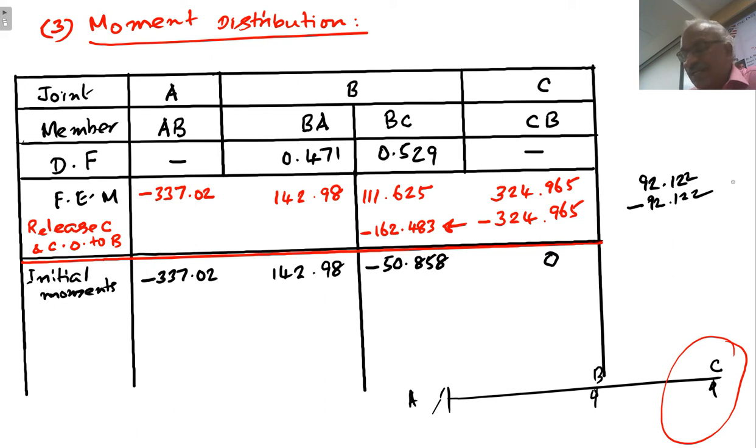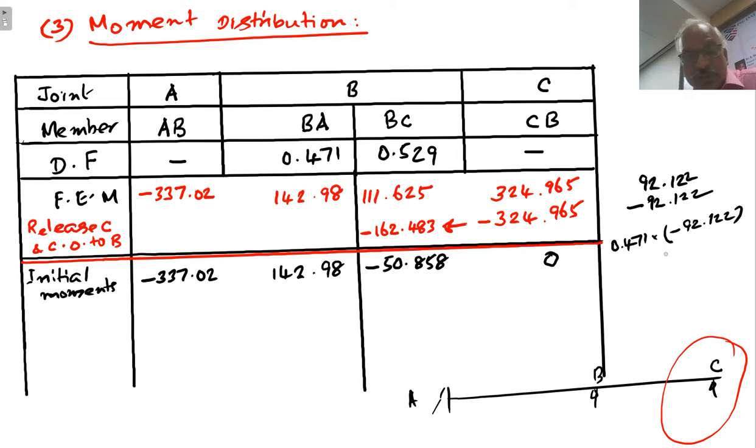Right. Now this 92.122 is to be applied to the members BA and BC. For member BA, based on stiffness etc., we have calculated the distribution factor as 0.471. So what is 0.471 times minus 92.122?